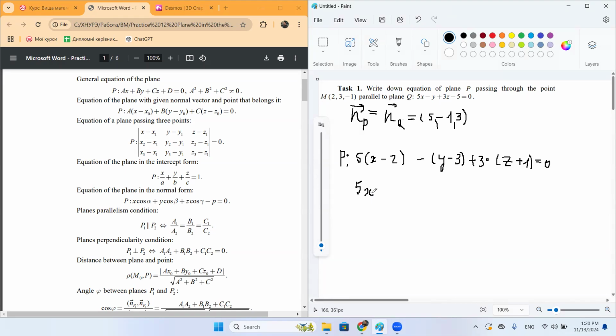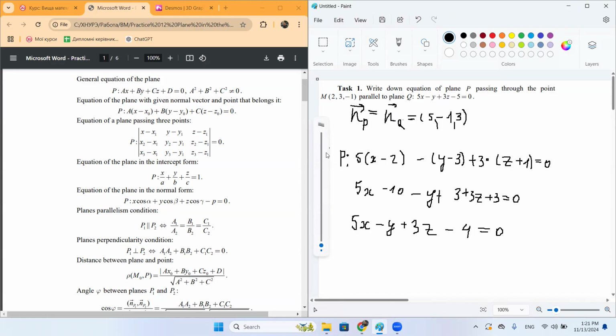So 5x minus 10 minus y plus 3 plus 3z and plus 3, and it equals 0. And finally, the general form: 5x minus y plus 3z and the free coefficient minus 4. So this is the final answer.